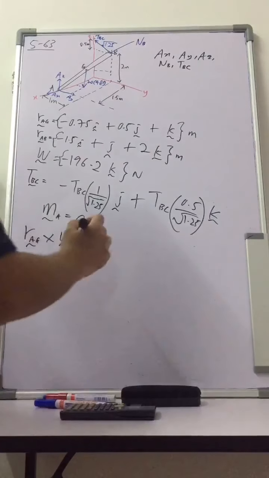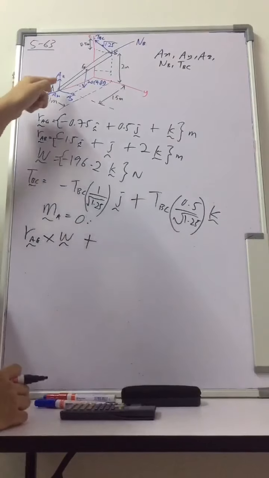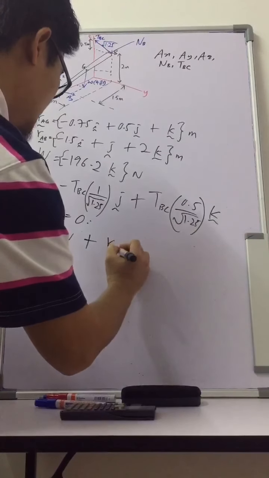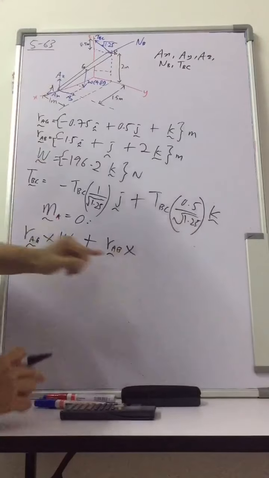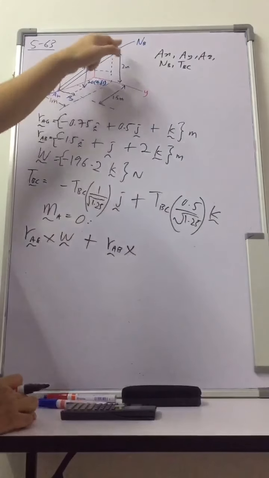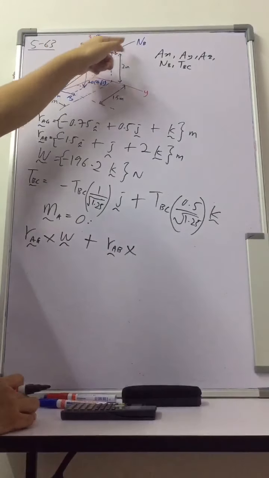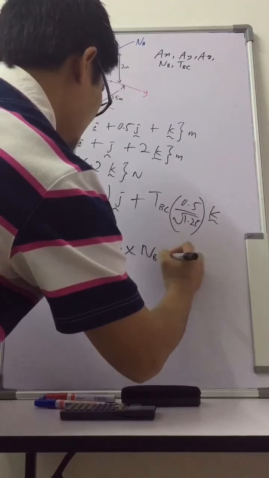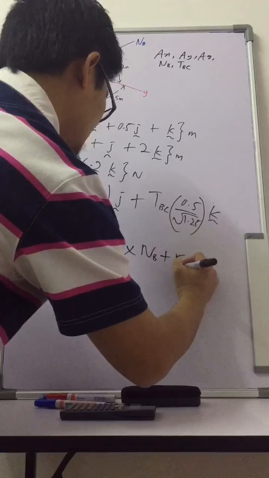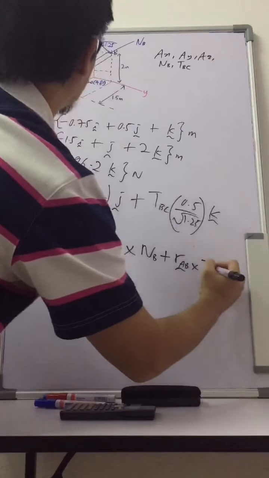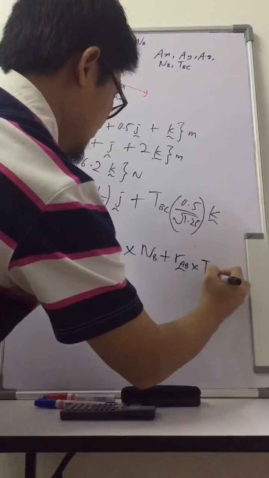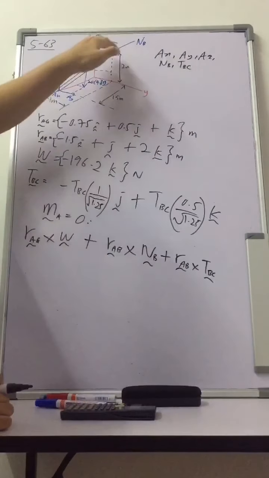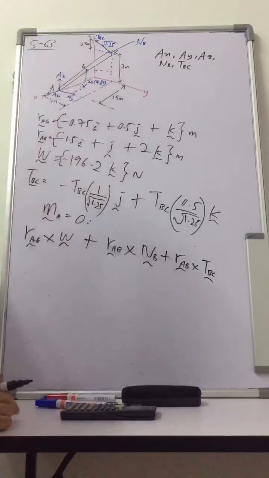Then plus R A B cross N B plus R A B cross T B C. All these are vectors: R A B cross N B, R A B cross T B C.